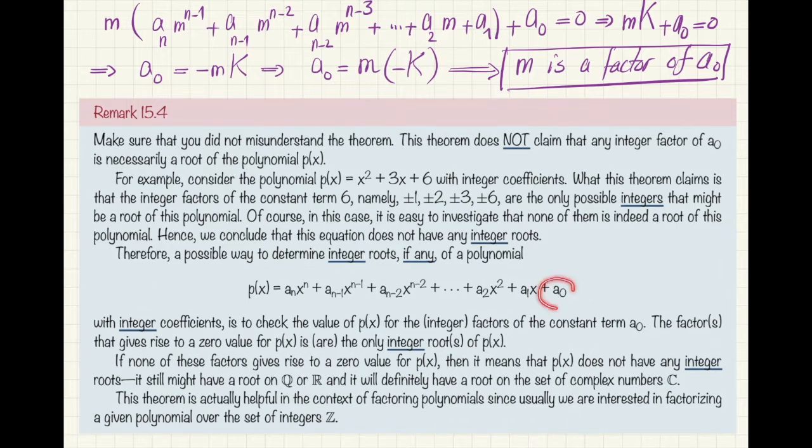If we want to find integer roots, and if we are lucky that the polynomial has indeed an integer root, we know where to look for it. We go and find the factors of the constant term and then try to fit those numbers into the polynomial and see which one will work for us. Now I want to use this theorem in another example on the next page.